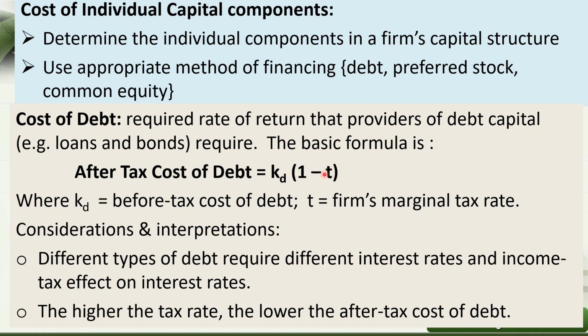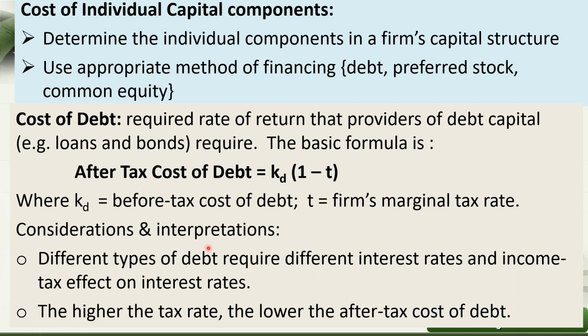If you multiply that, the actual after tax cost of debt will be arrived. So this K stands for the before tax cost of debt, and T stands for the marginal tax rate. Then we calculate accordingly the after tax cost of debt.